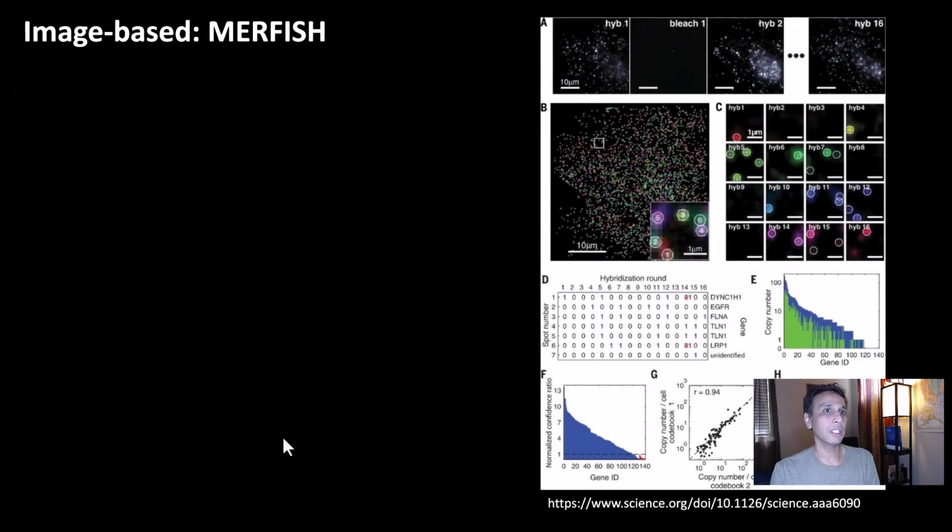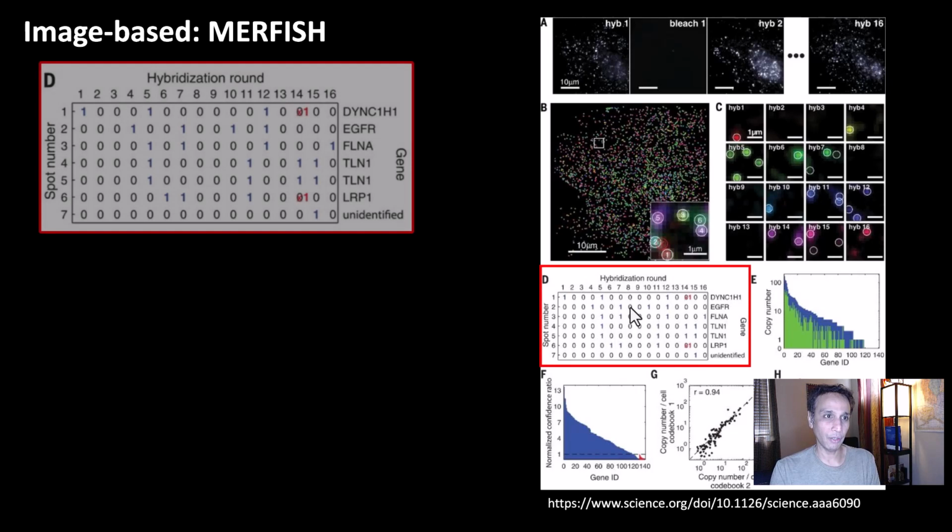Okay, so moving on to the next image from this paper. I just want to say, okay, now you have all these things lighting up in each experiment. So now you have, let's say, multiple experiments done, multiple imaging rounds, and now for each of these single cells, you have 1s and 0s, binary. And that's exactly what you see down here, right?